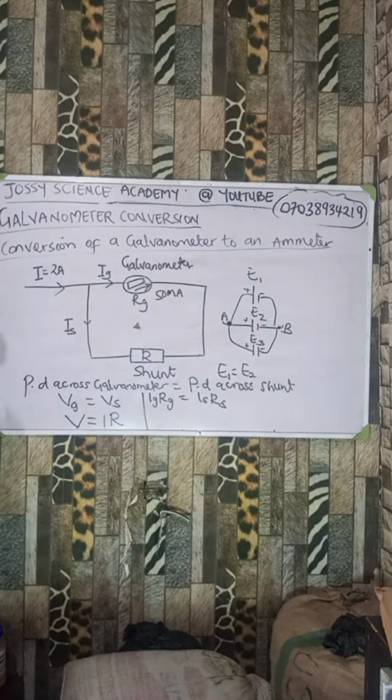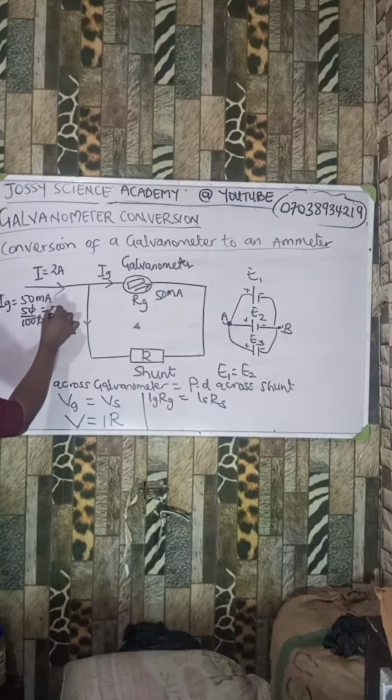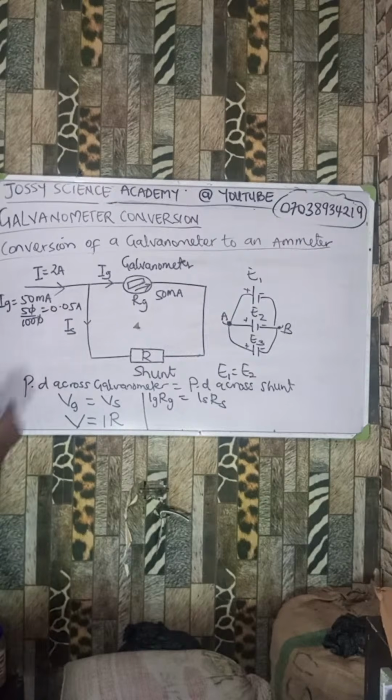So let me say the current of the galvanometer is 50 milliamperes. What is milli? You divide by 1000. So this is 50 over 1000, and that gives me 0.05 amperes. This is the current flowing through the galvanometer. If I take it away from the total, the remaining one will flow through the shunt.